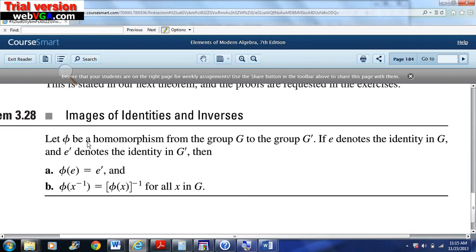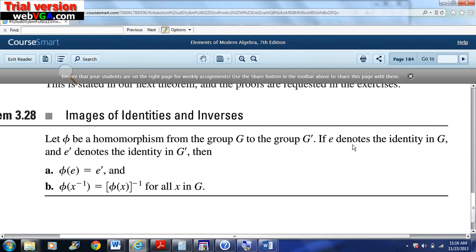let phi be a homomorphism from the group G to the group G prime.